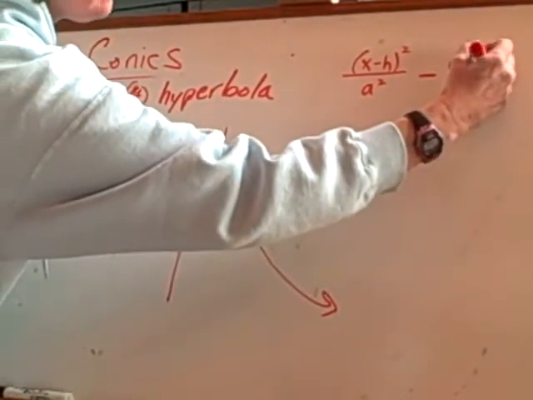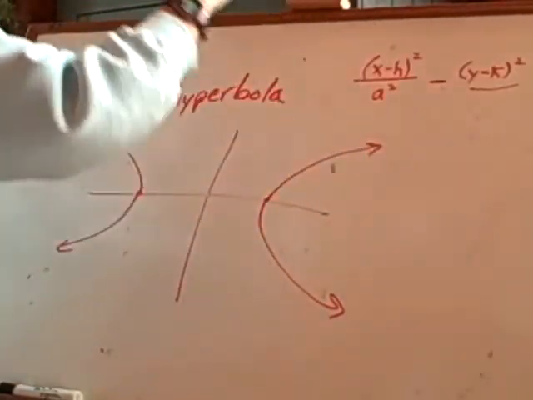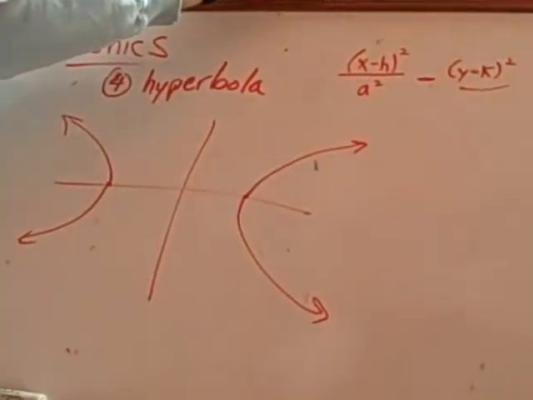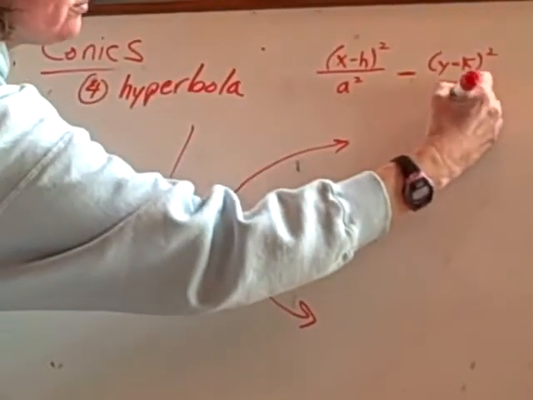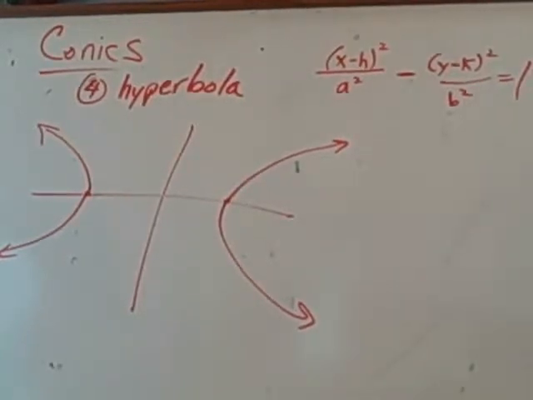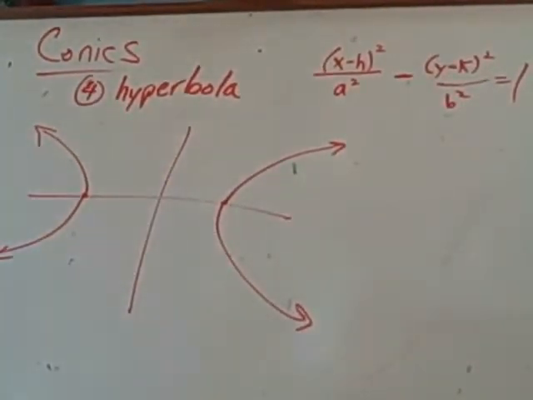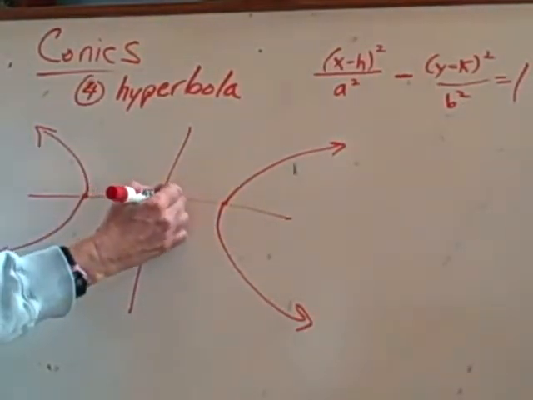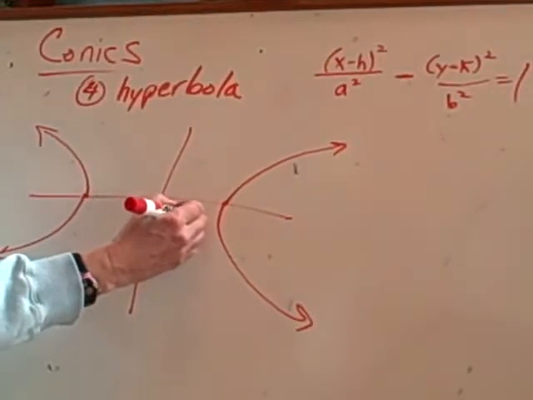Minus y minus k quantity squared over b squared equals 1.